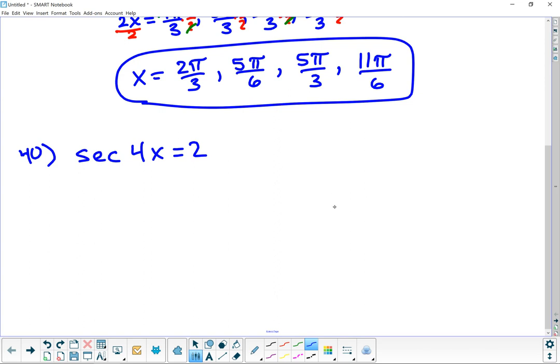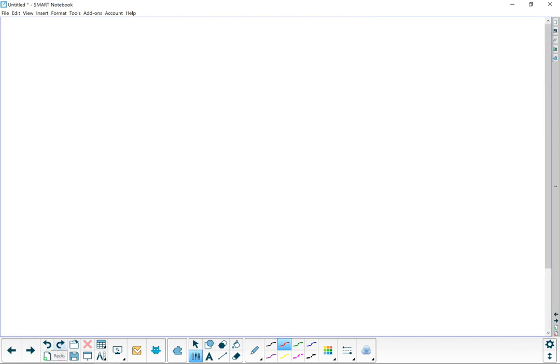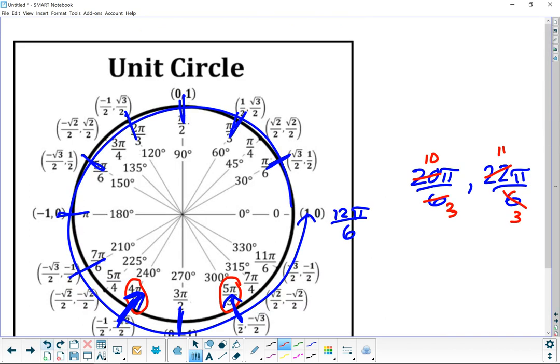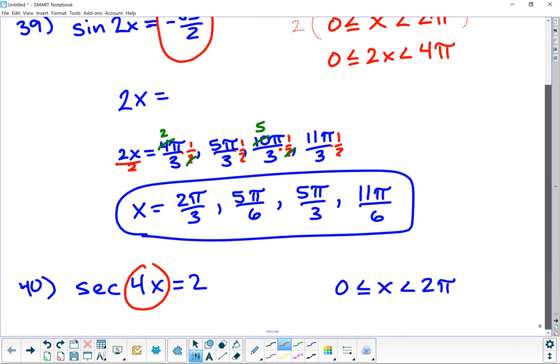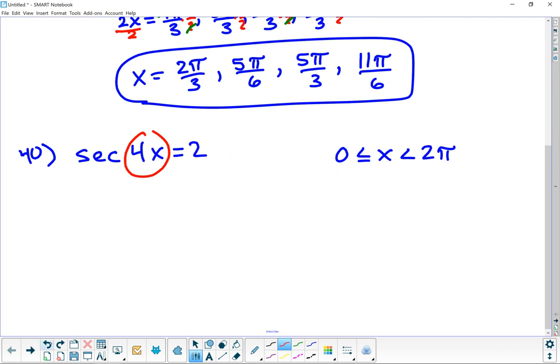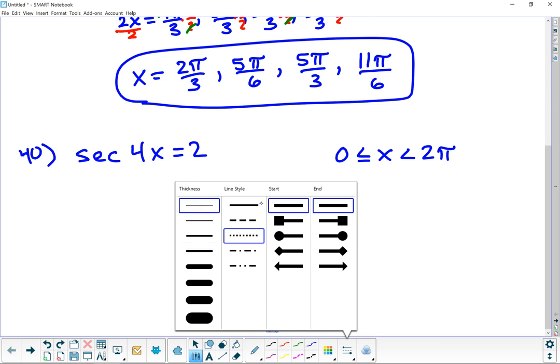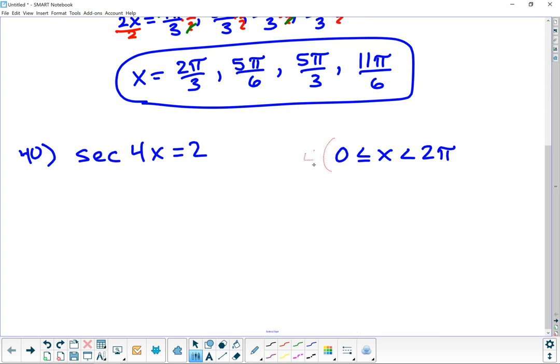So this is going to be from 0 to 2 pi. Right? But since we have 4x, we're going to go ahead and multiply this by 4.